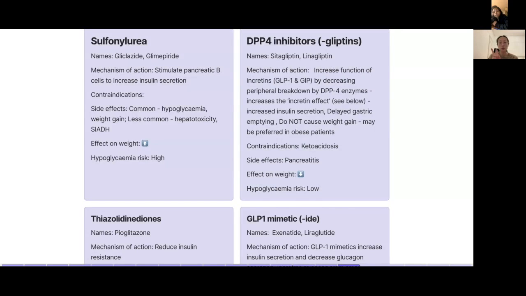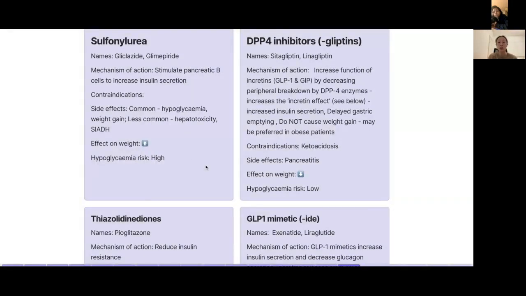So two drug classes that increase weight are the sulfonylureas and the thiazolidinediones. These drugs are not as popular because increasing weight will be poor for your other diabetic comorbidities, and sulfonylureas are the only one to cause an increased risk of hypoglycemia.